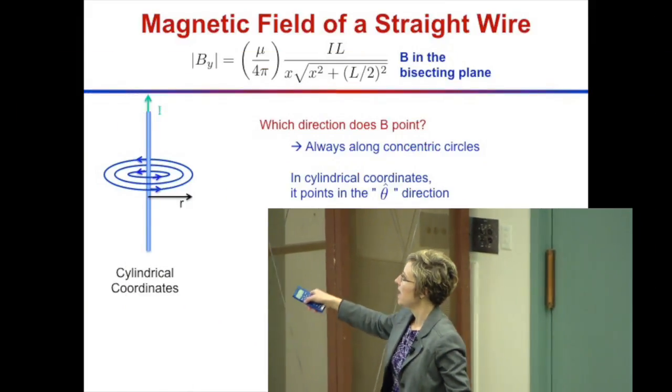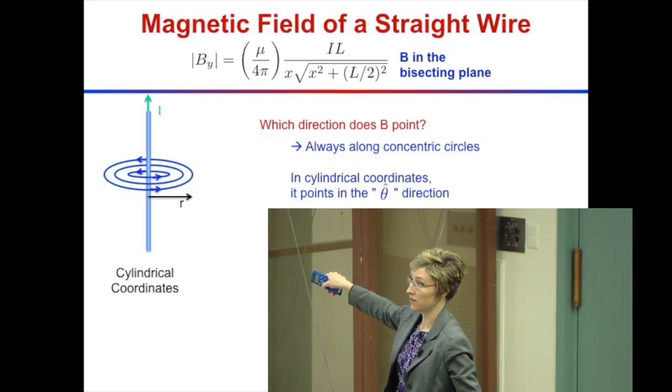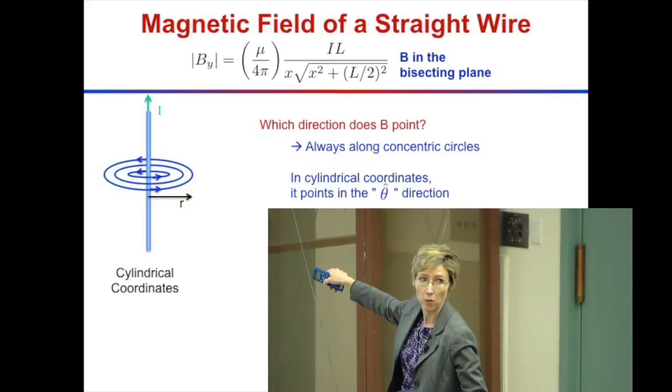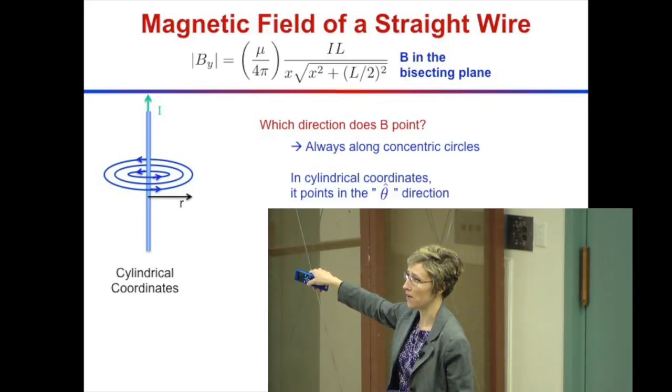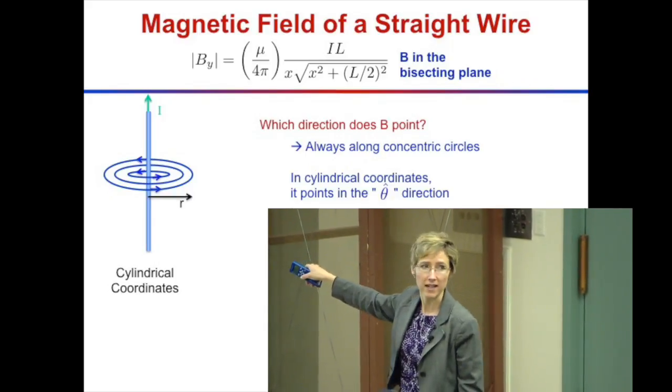All right. What if I leave the wire where it is and I rotate my coordinate system around it? I should still get the same physics, right? So that means that anywhere I am that's a particular distance x from the midpoint of the wire, I could walk around in a circle on that plane, and I should get the exact same answer.